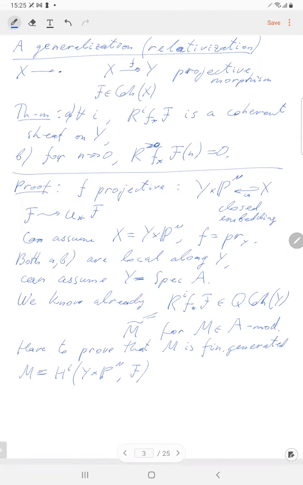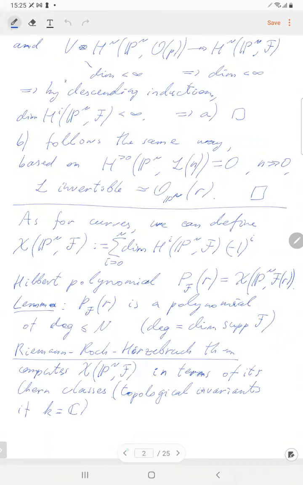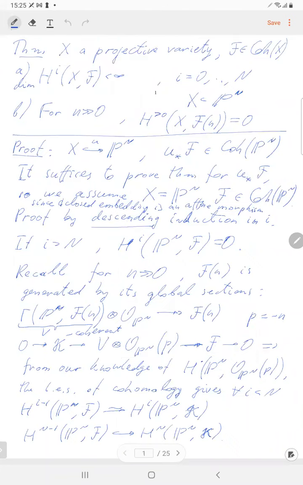Well, if you go through the proof, essentially the only thing we used was this short exact sequence. Let's have a look. Yeah, here, from twisted structure sheaf to F with the kernel K.